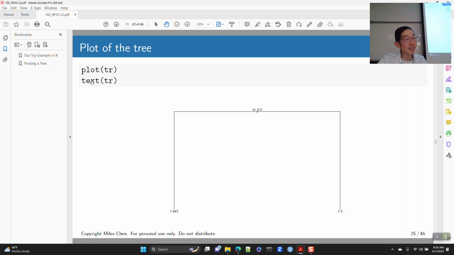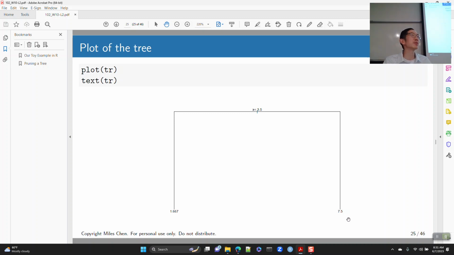If you do plot without text, you just get the lines, and then you have to add text to give it any information. Here it says the question is x less than 3.5, and if the answer is yes, we predict 1.667, and if the answer is no, we predict 7.5.